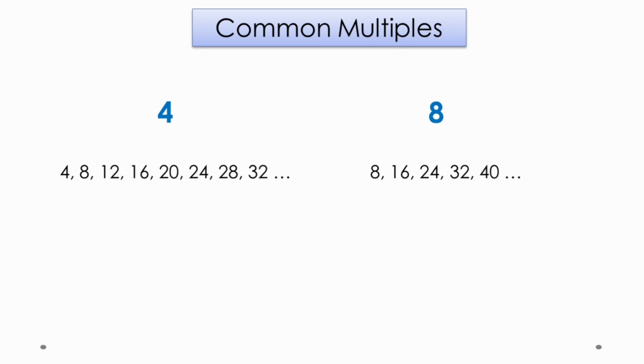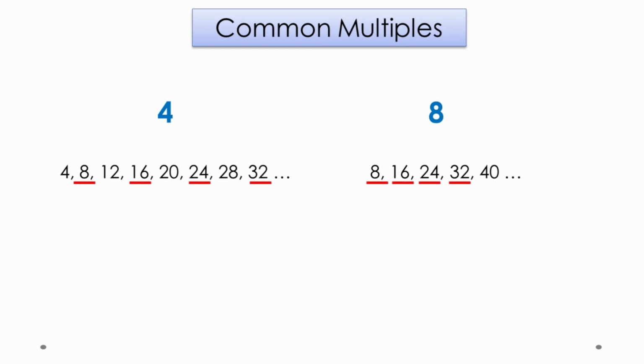Let's list a few multiples of 4, which would be 4, 8, 12, 16, 20, 24, 28, 32, and so on. Similarly, let us list the multiples of 8, which would be 8, 16, 24, 32, 40, and so on. So do we observe any common multiples here? Yes, of course.